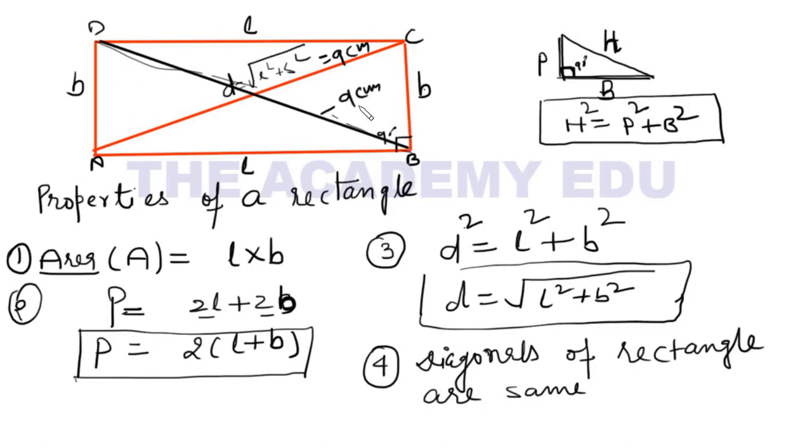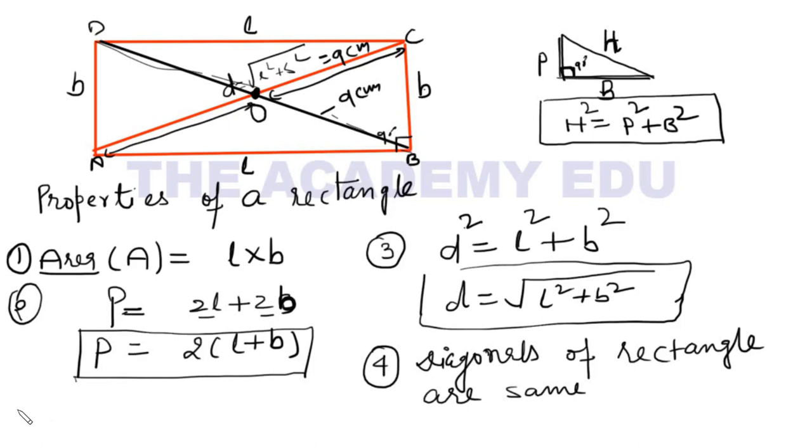We don't need to find it another way. If one diagonal is 9 centimeter, the other diagonal is also 9 centimeter. Got it? And this is the intersection point. Suppose I take the intersection point as O, then AO, the length from here to here, is equal to OC. Got it?